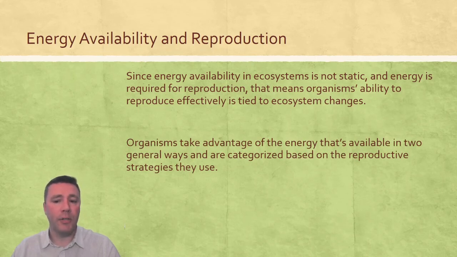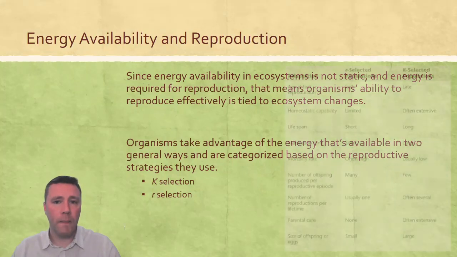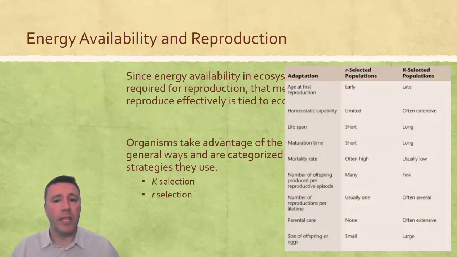Organisms take advantage of energy that's available in two general ways, and we categorize them into either K selection or R selection. Some species are considered K-selected species because of the characteristics, behaviors, and strategies that they use, whereas others are considered R-selected. Let's take a look at the difference between them.